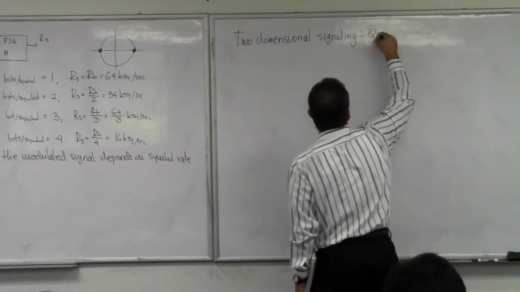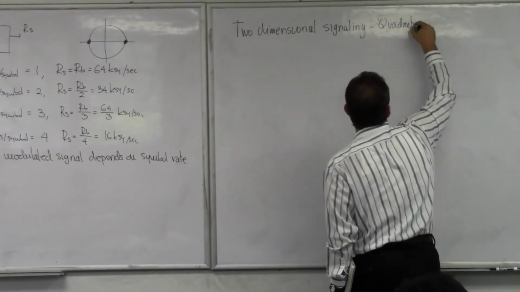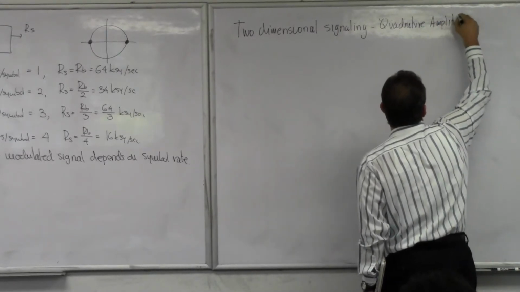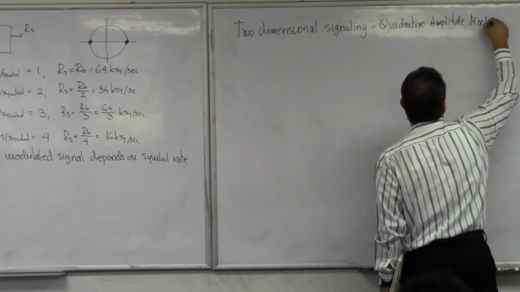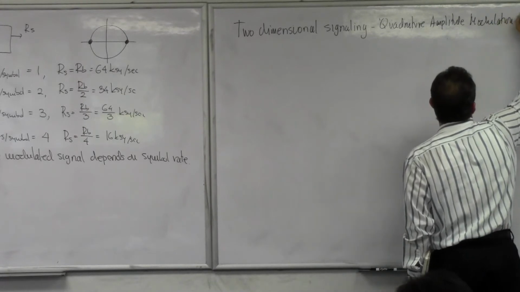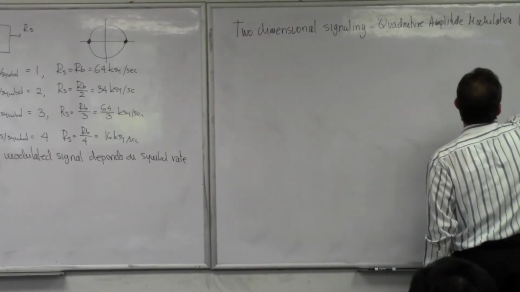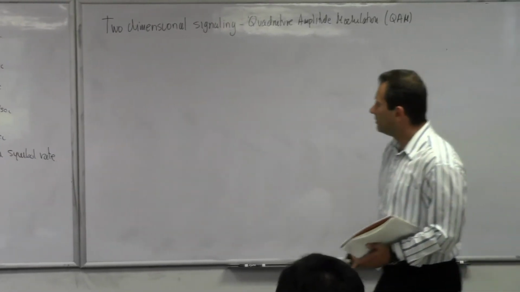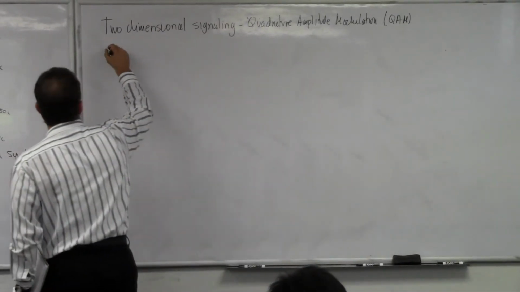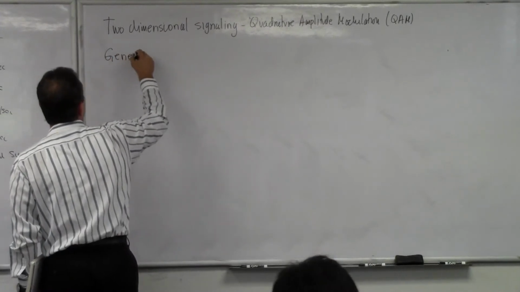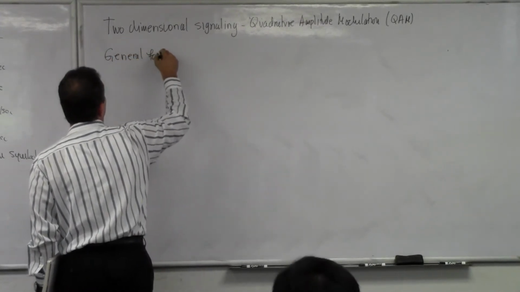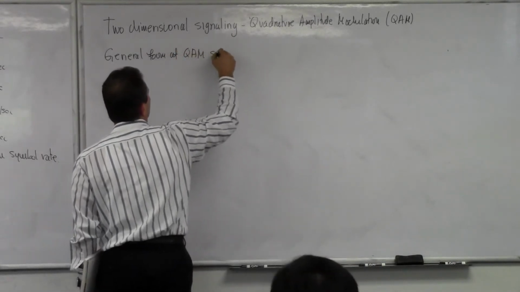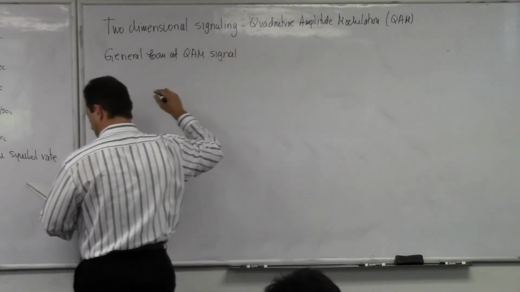And this was quadrature amplitude modulation, or QAM. General form of a QAM signal looks somewhat like this.